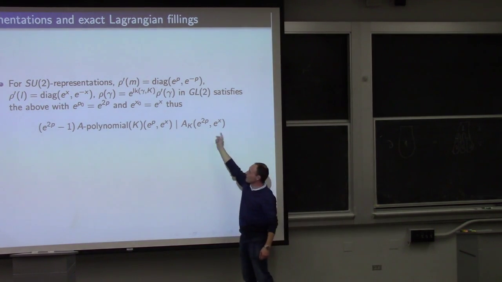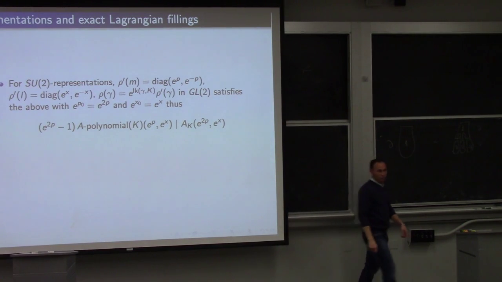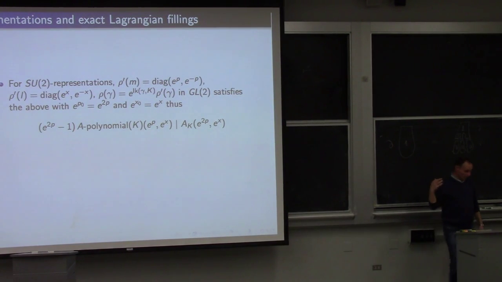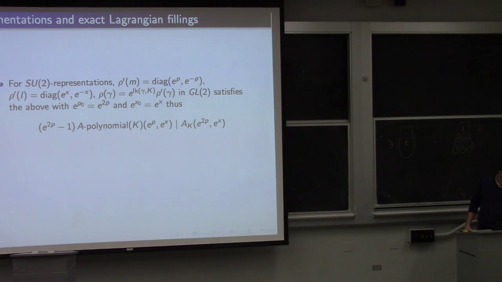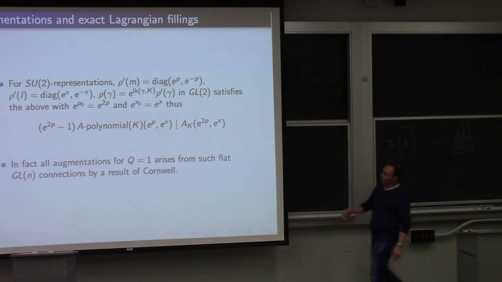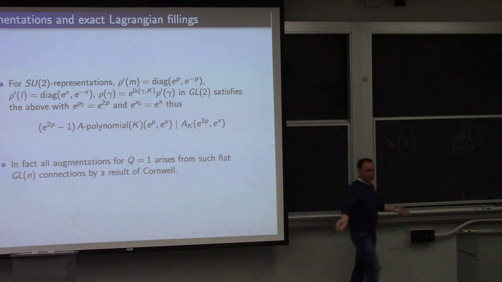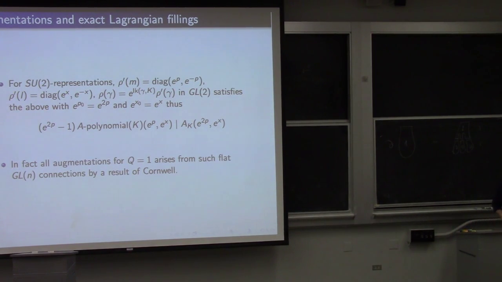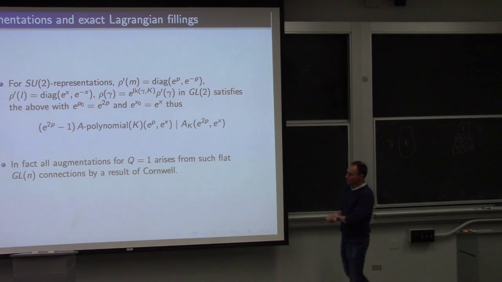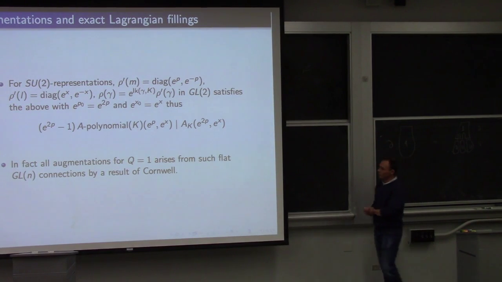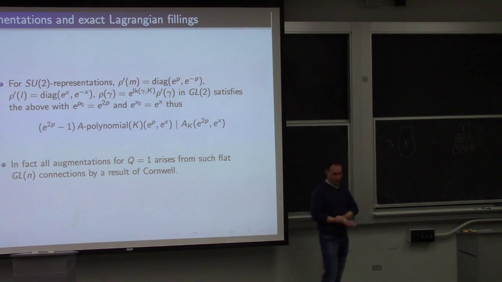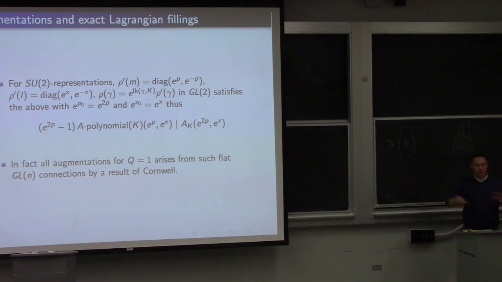And if you change variables a little bit, you find that actually the A polynomial divides the augmentation polynomial, and so by known properties of the A polynomial, this detects the unknot. Now, it turns out that all the augmentations in this Q equals 1 case come from such GLN representations. So in some sense, we understand the entire thing from the point of view of the knot complement, if you wish.